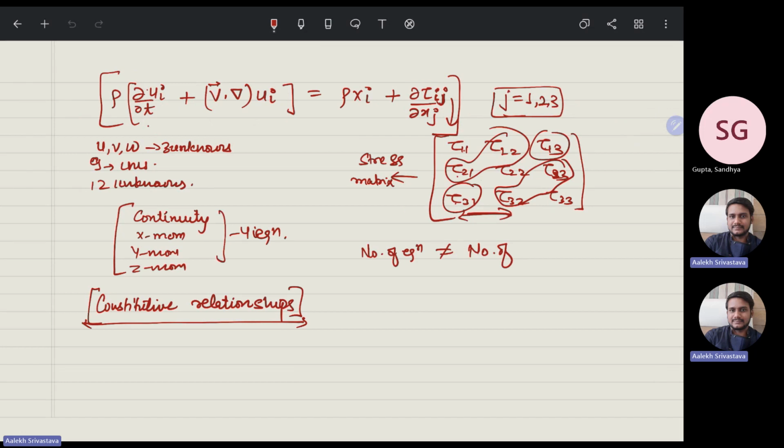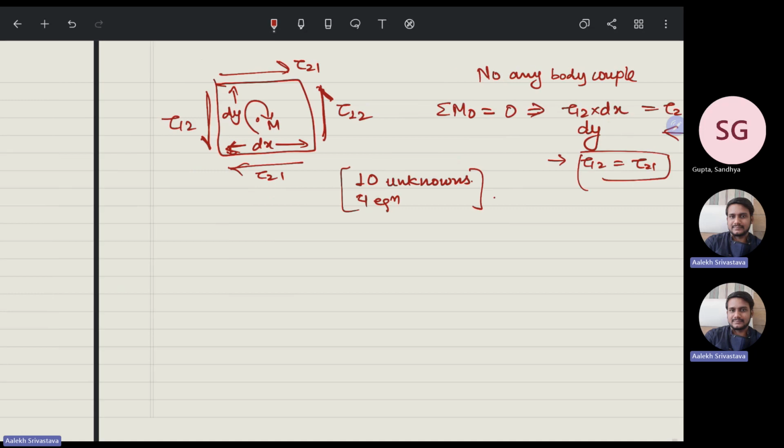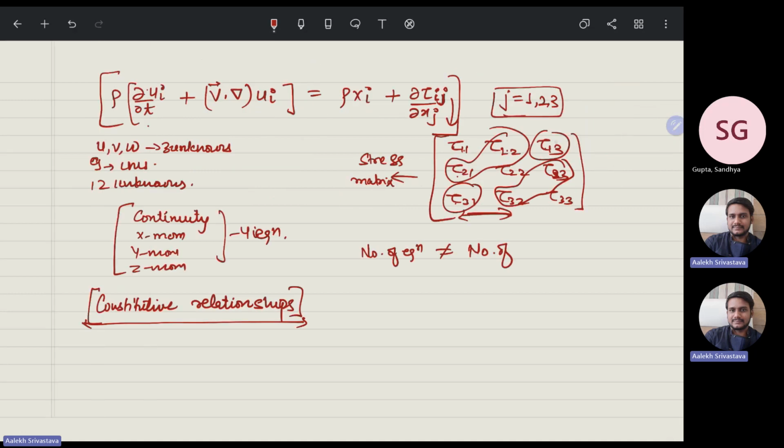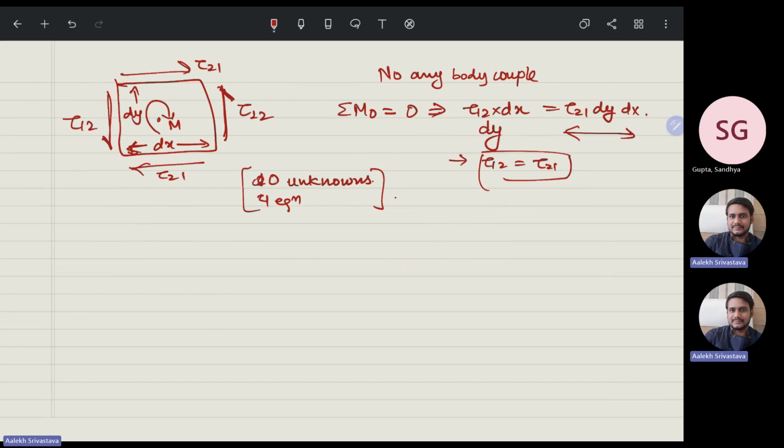So now we have reduced the unknowns to 10 and only 4 equations. We have reduced somewhat, but not as much as we wanted. Counting, actually it is 9 unknowns and 4 equations.